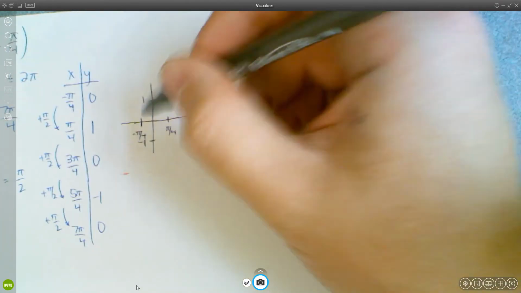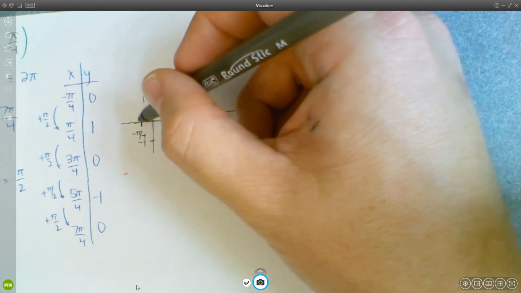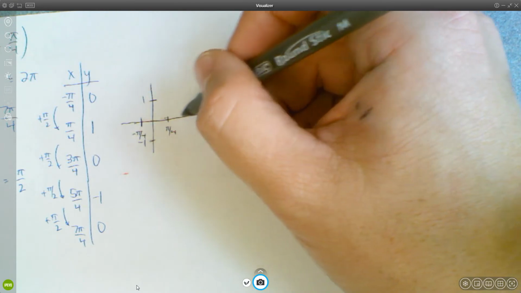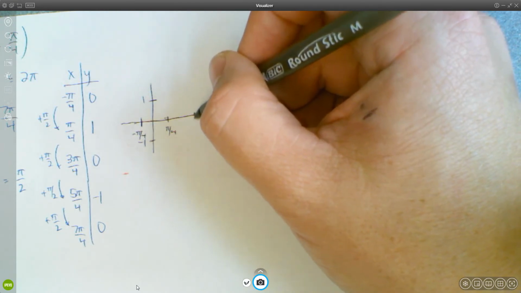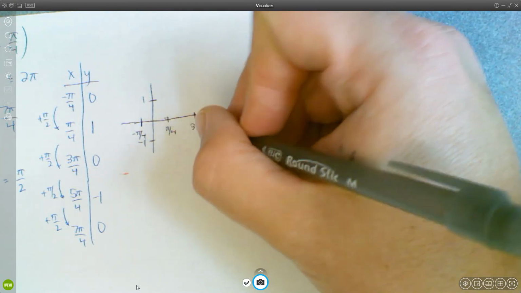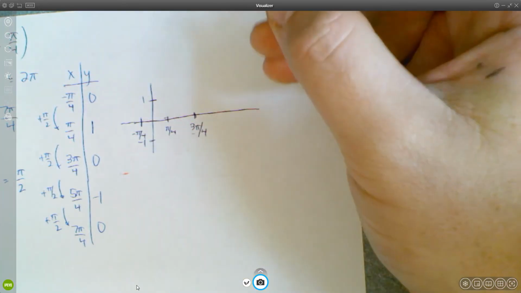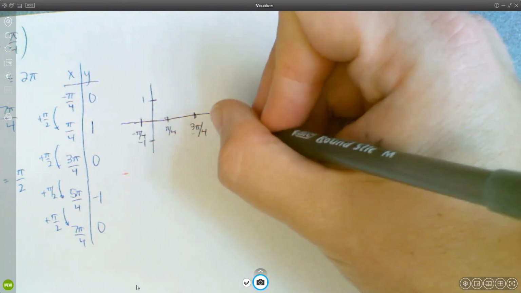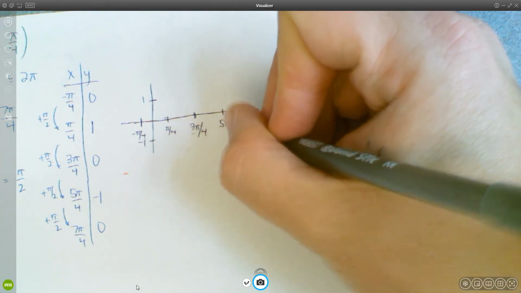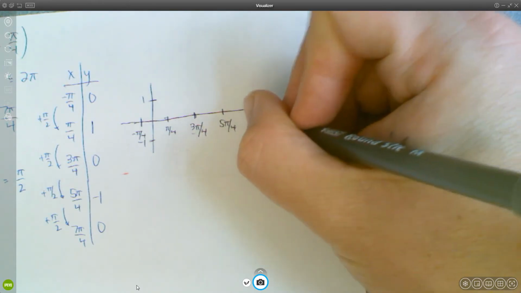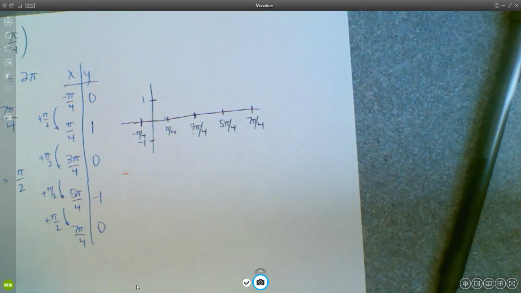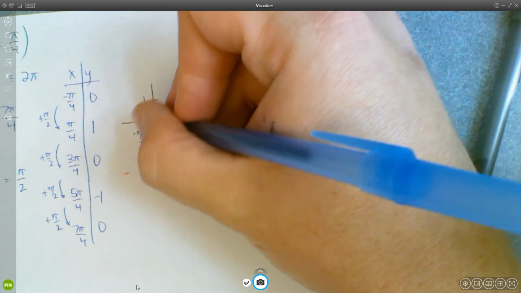And then make sure, right, so this is the space between negative pi over 4 and pi over 4, so I've got to get a more or less equal space to get up to 3 pi over 4.